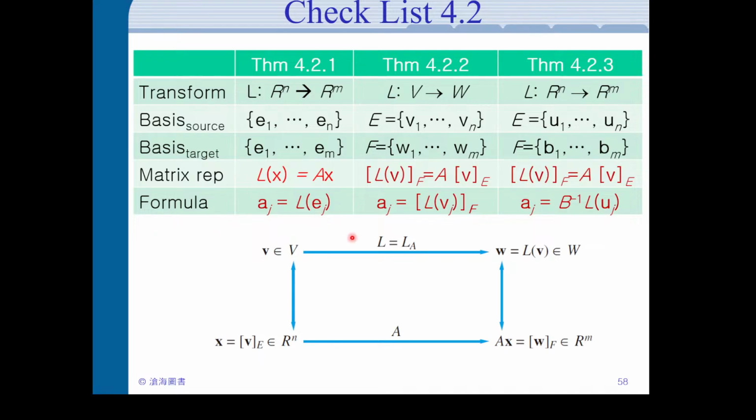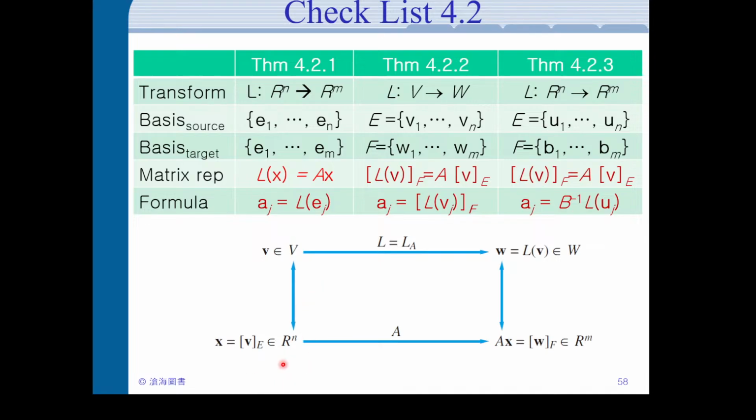And yeah, so we have the coordinate of the image equal to A times the coordinate of the starting point. Okay, and then we also need to find this Aj, and we need to find this in a very complicated way.